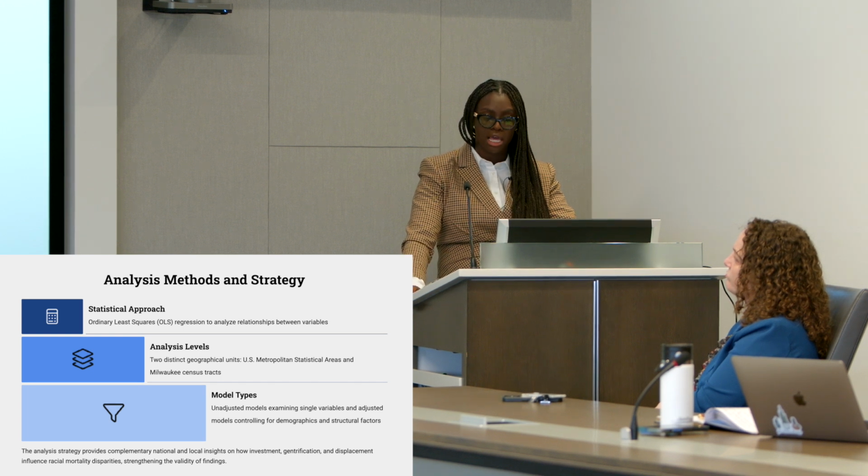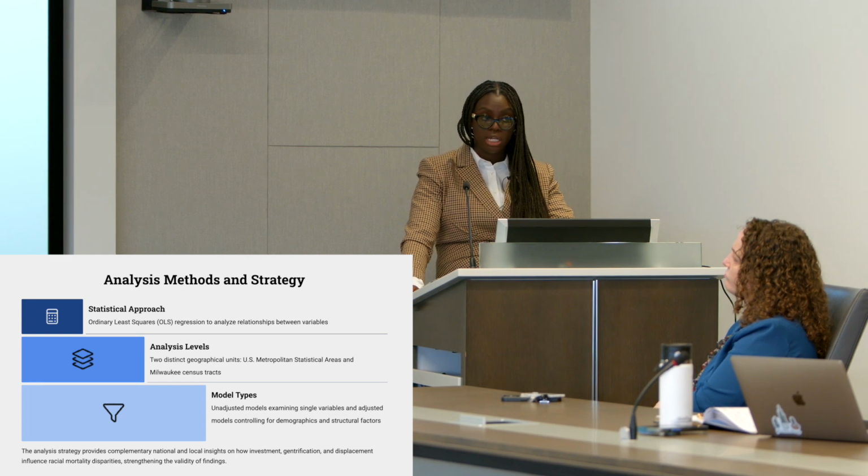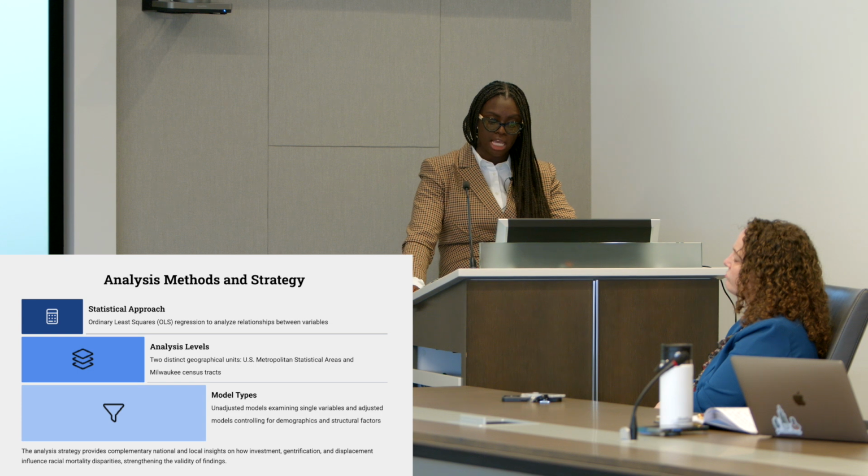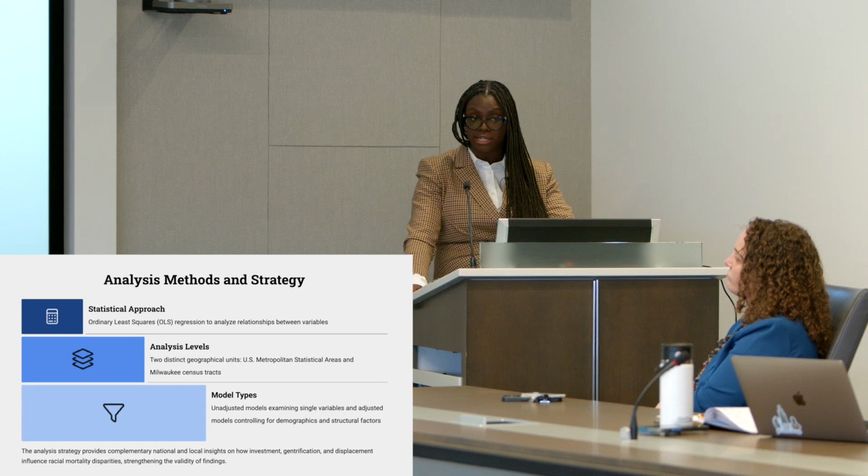Both methods enabled a detailed understanding of the complex relationship at both broader and more localized levels. It is also important to note that the unadjusted models examine the relationship of a single independent variable and the dependent variable, and adjusted models control for demographics and structural factors.